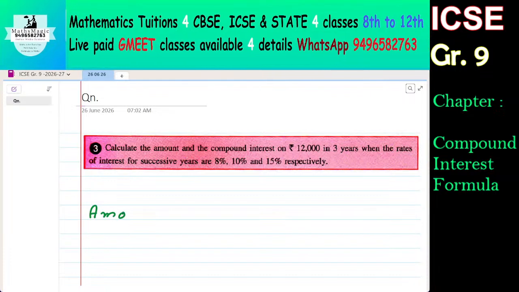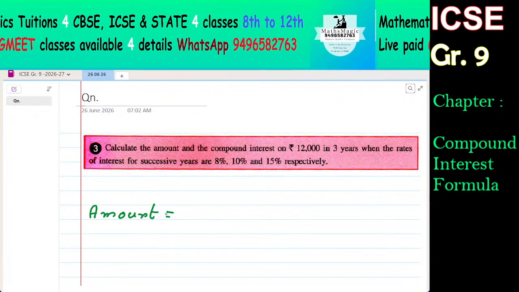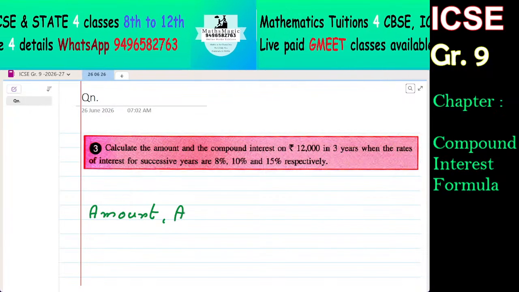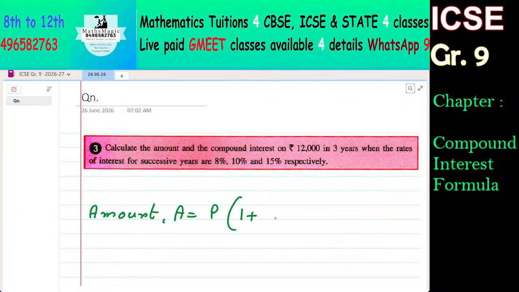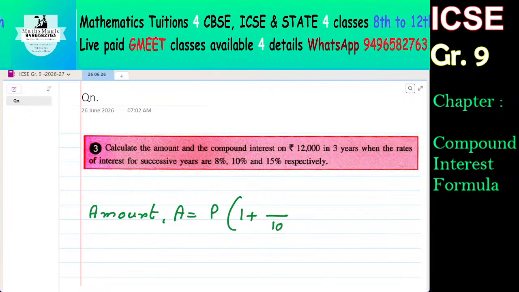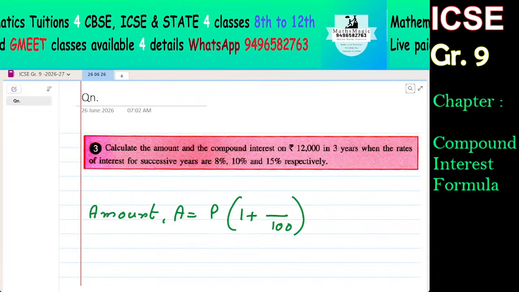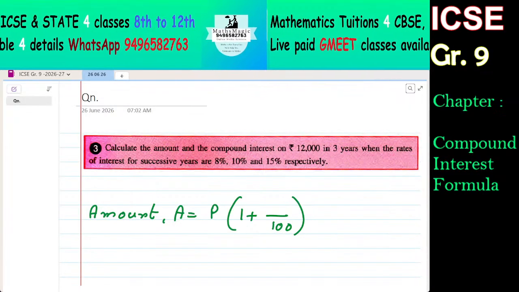So earlier, the amount A was P into 1 plus R by 100, the whole raised to N, right?